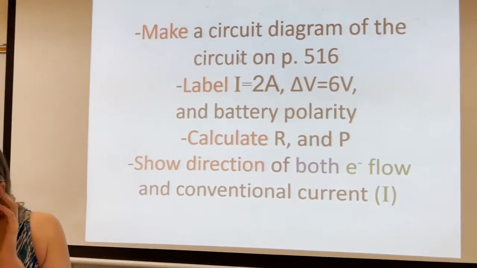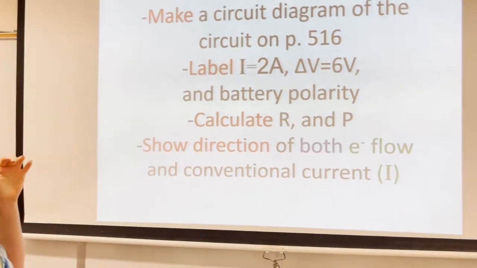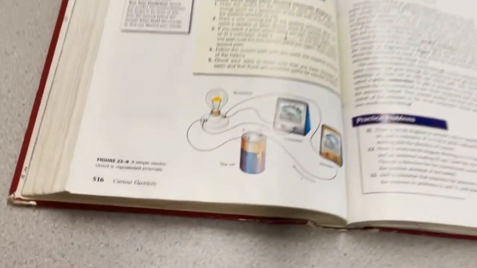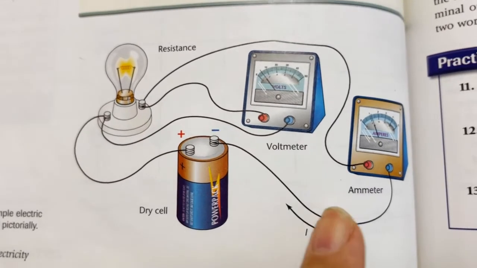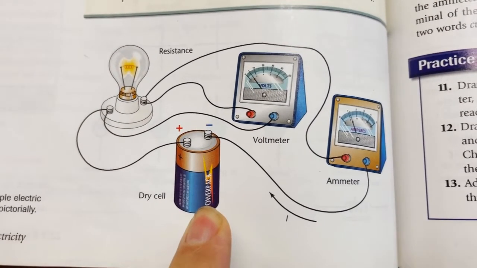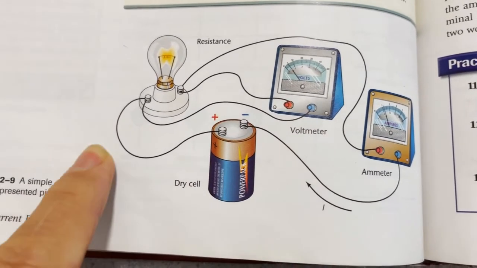So I think this is our second to last slide here. Make a circuit diagram of the circuit on page 516. I'm going to erase this for you. Page 516, dry cell is another word for a battery, and you know what the symbol for that is.